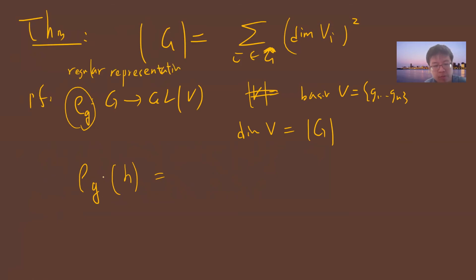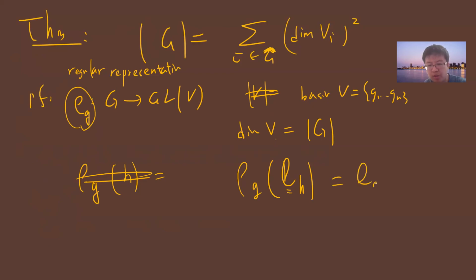So now rho_g is a matrix from V to V, and V is the span of the group elements as a basis.